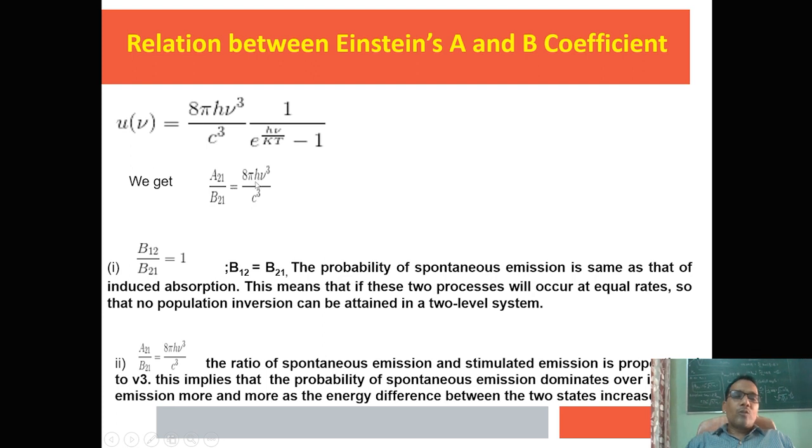And here B12 by B21 can be written as equivalent to 1, because B12 and B21 can be written as equal. These are equivalent because the probability of spontaneous transition is equal to the probability of stimulated transition if all the physical conditions are identical. We have taken identical energy at identical time, so these coefficients will be identical. So these are the mutual relations between the Einstein coefficients.